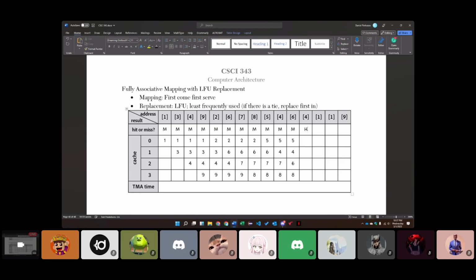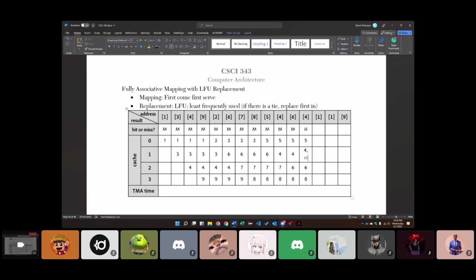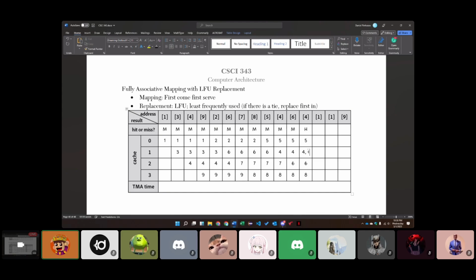Four is a hit. So now keep in mind 4 was used twice. Let's put a 1 next to it, meaning it's got some weight. It was used twice, so if none of these have a 1 next to them, they're going to be considered first. This is not going to be considered until something matches it.